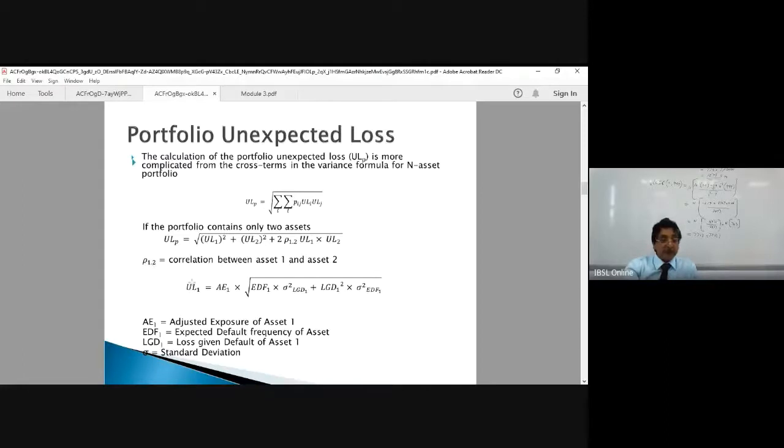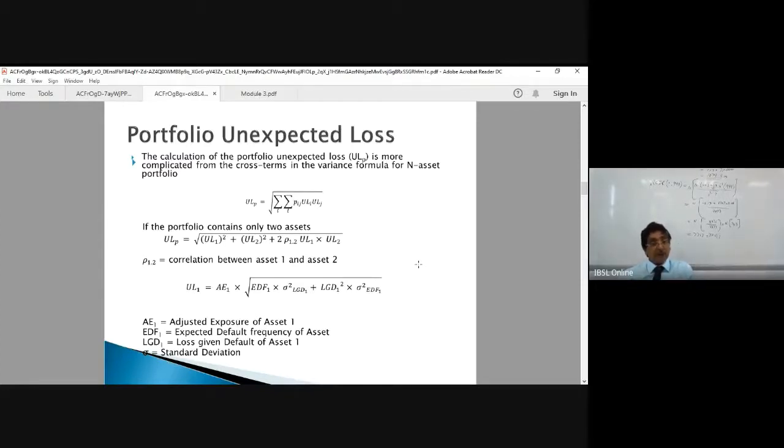In our Vasicek model, here we have taken only two loans, 1 and 2, where the correlation between asset 1 and 2 is taken as rho 1,2. But in a portfolio, you might have about 100 loans, sometimes more than 100. In the Vasicek model, we assume that all these pairs will have the same correlation. But in reality, it is not the case.